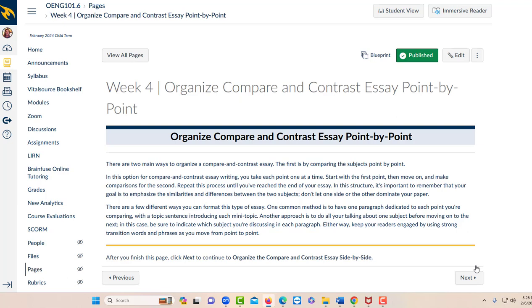In this structure, it's important to remember that your goal is to emphasize the similarities and differences between the two subjects. Don't let one side or the other dominate your paper. There are different ways you can format this type of essay. One common method is to have one paragraph dedicated to each point you're comparing, with a topic sentence introducing a mini topic.